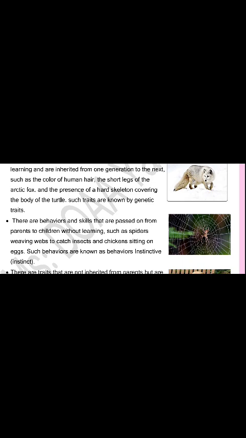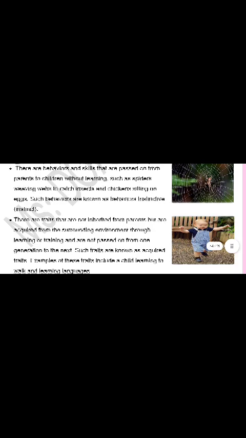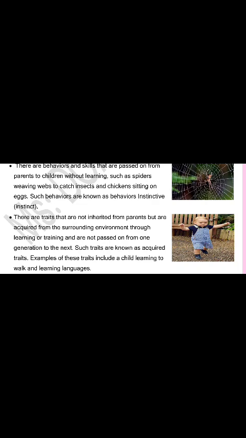Such traits are known as genetic traits. There are behaviors and skills that are passed on from parents to children without learning, such as spiders weaving webs to catch insects, chickens sitting on eggs. Such behaviors are known as instinctive behaviors.